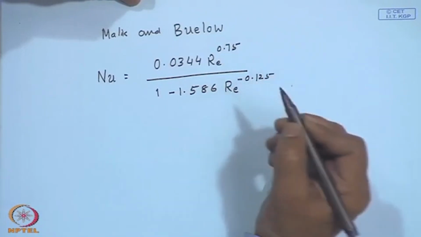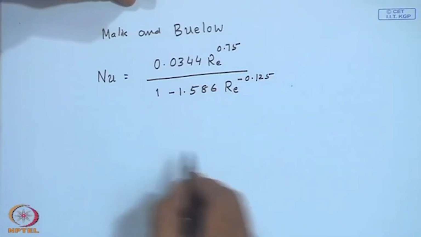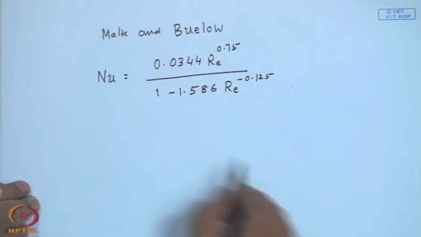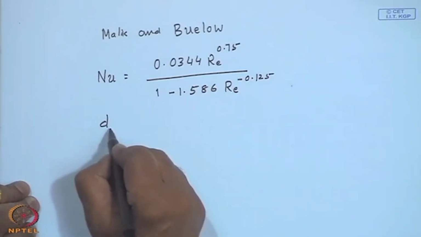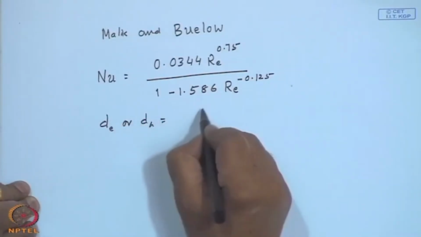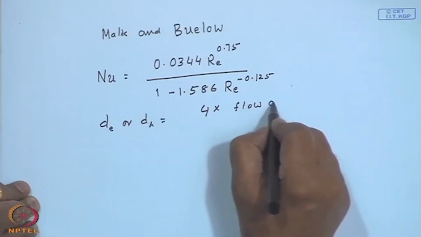So, of course, the equivalent diameter or the hydraulic diameter, which we have already defined as d E or d h, is 4 times the flow area by wetted perimeter.